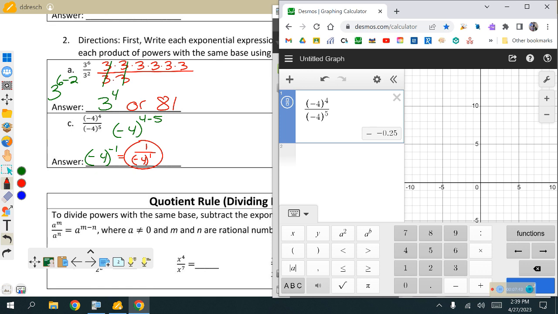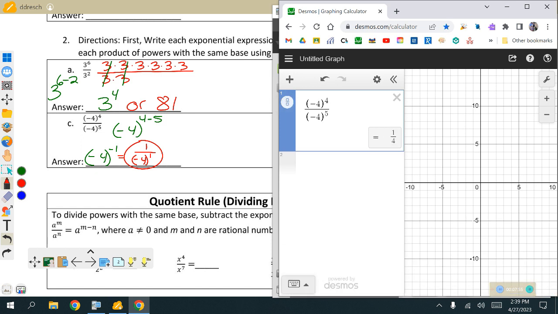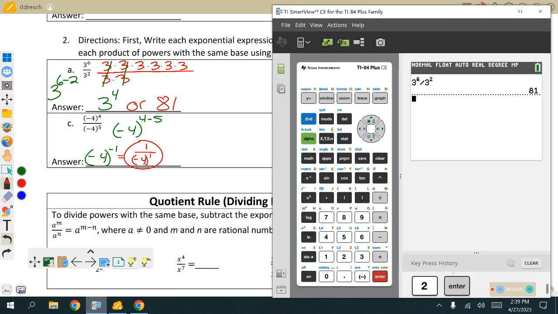If you are getting that decimal, change it over to a fraction. And we've done this before. How do you change a decimal to a fraction? Decimals people, right here, click the, well, yeah, it looks like a fraction. -1/4. Now my graphing calculator people, we're doing the exact same thing. Parentheses, -4, boom, to the 4th power.